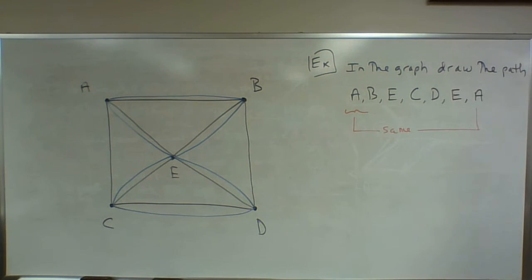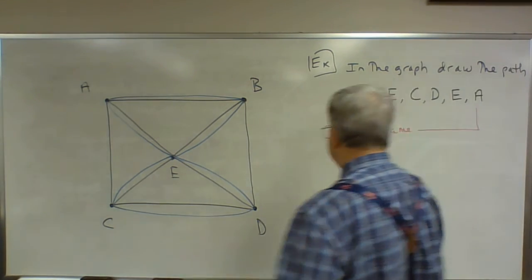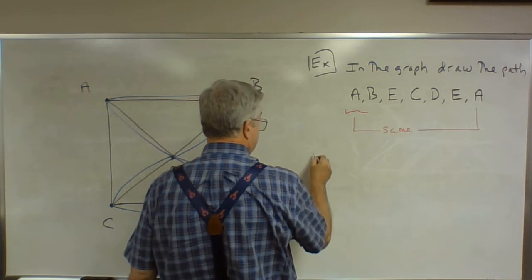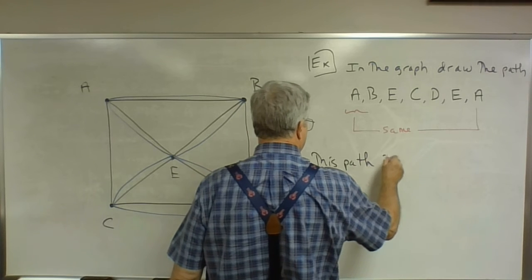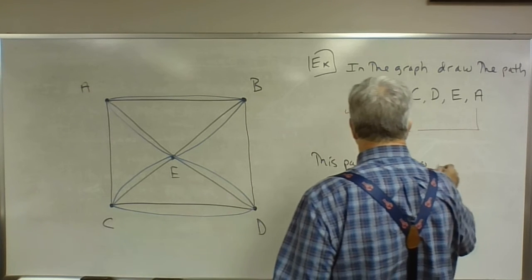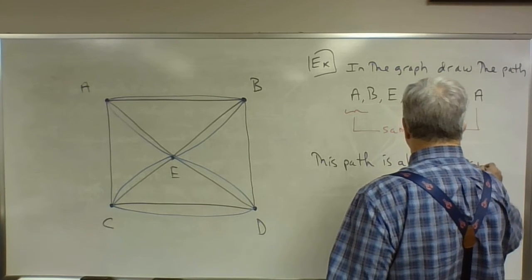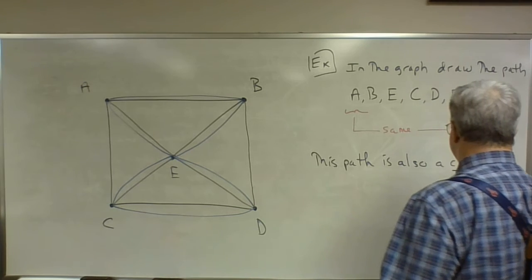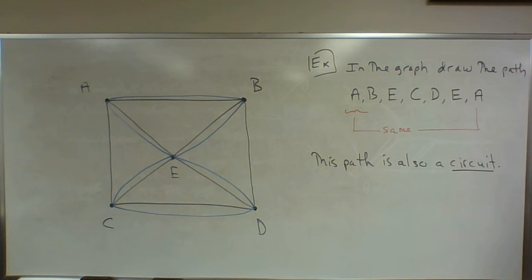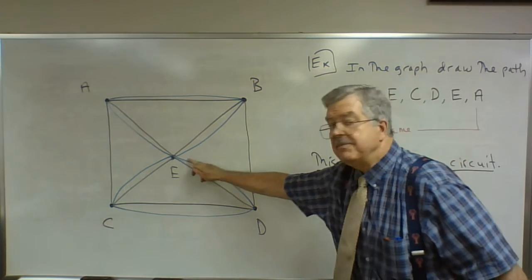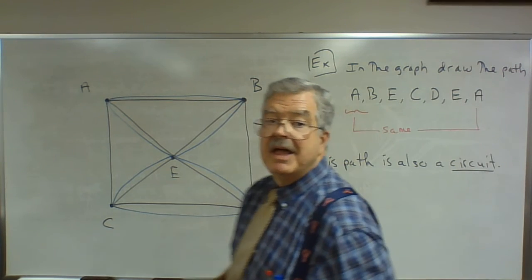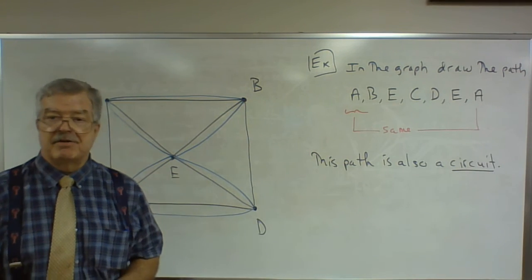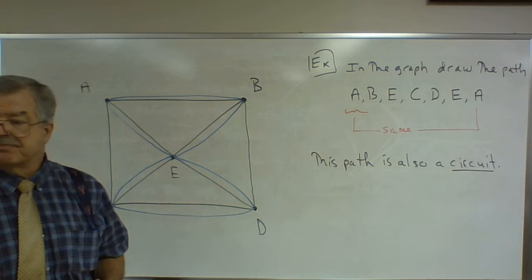So it is a circuit. The fact that the path crisscrossed itself right here at E does not disqualify it from being a path, and it doesn't disqualify it from being a circuit either.